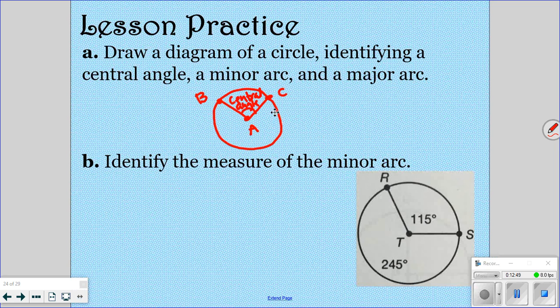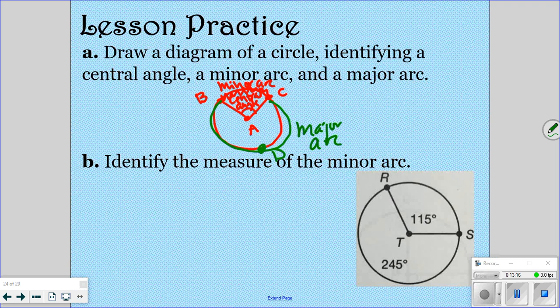My minor arc is going to be here. And then my major arc is going to be here. And so I'll put a point D so that I have 3. So that could be your diagram.